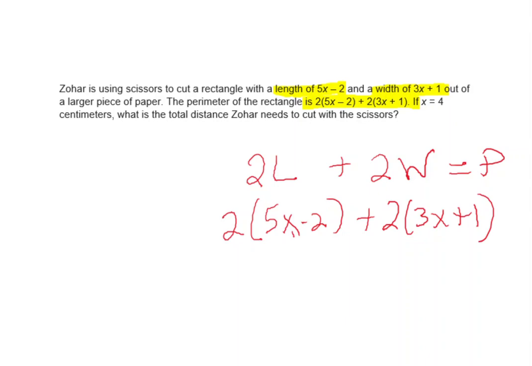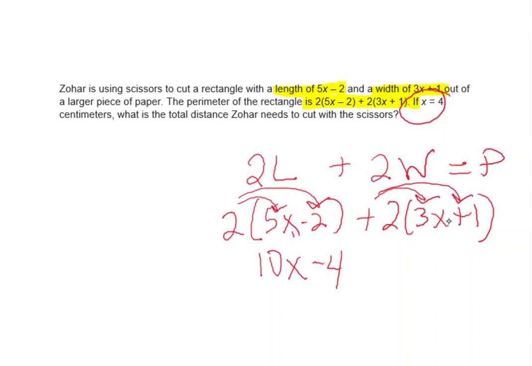Now, I would simplify that before I substitute 4 for x, because to me it would be easier to substitute in the simplest form. So to simplify, I'm going to distribute and get 10x minus 4. Distribute here. 2 times 3x is 6x plus 2. Combine my like terms. 10x plus 6x is 16x.